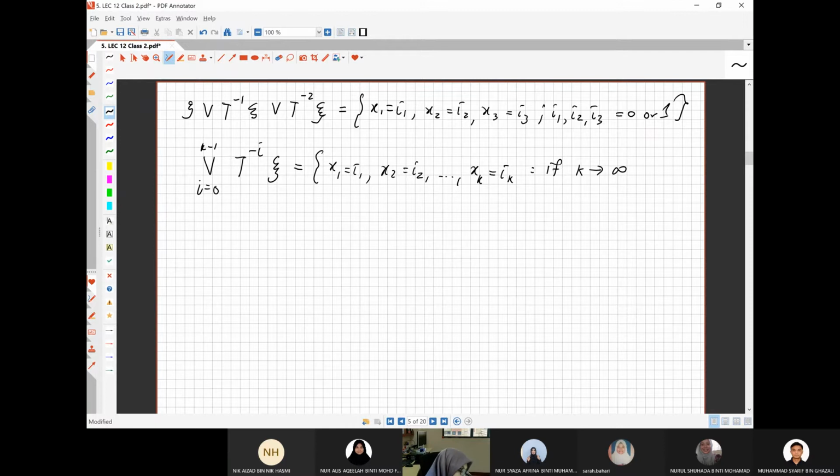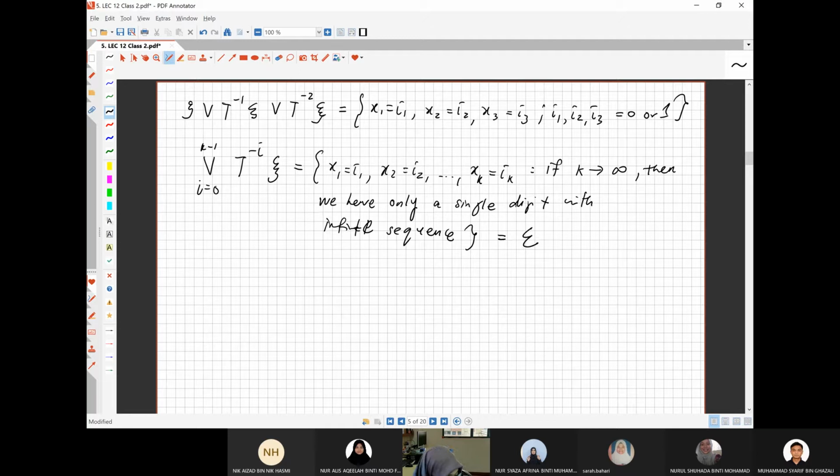If k equals to infinity, then we have only a single digit with an infinite sequence. What does it mean by this? It means that our number of elements is equal to the number of the largest element, which is the epsilon. Is that clear, this part?